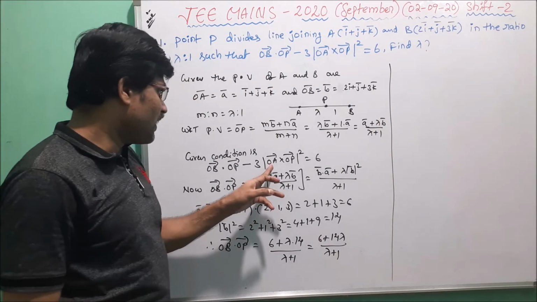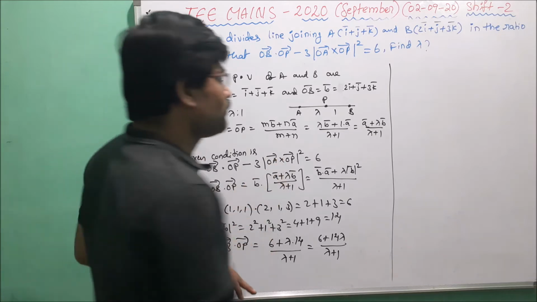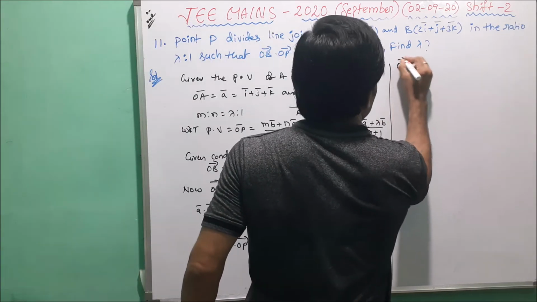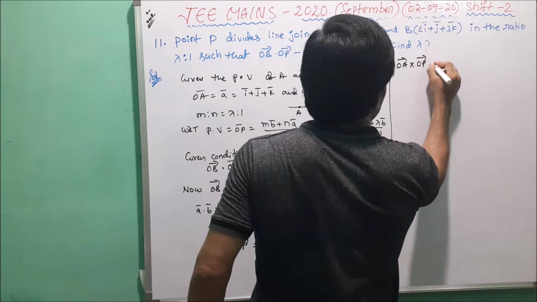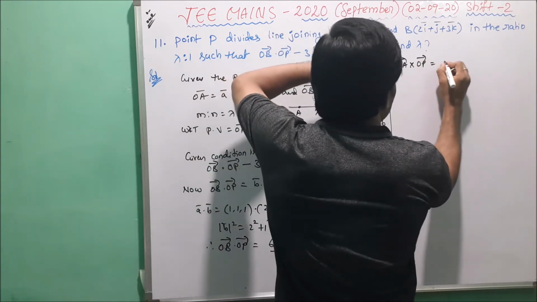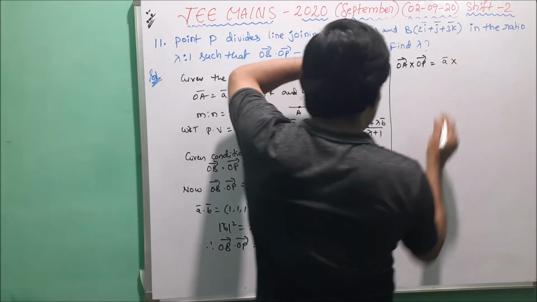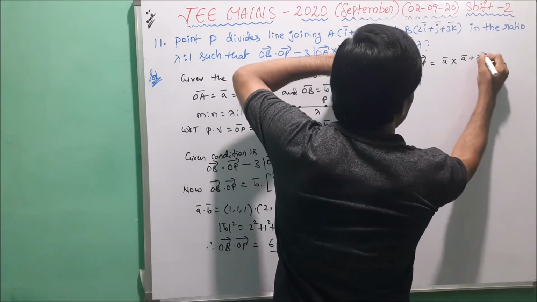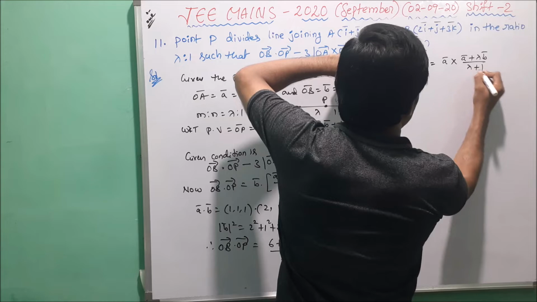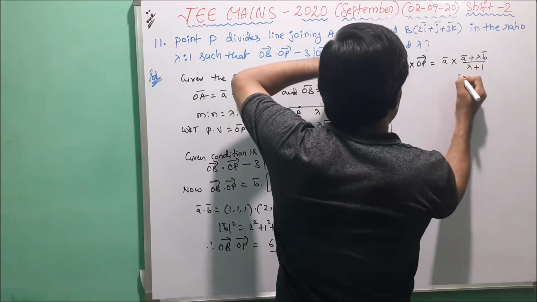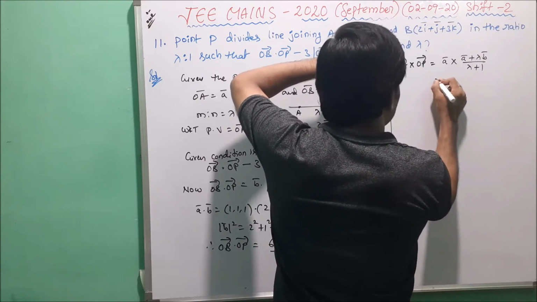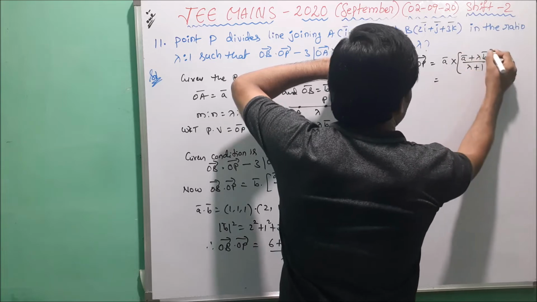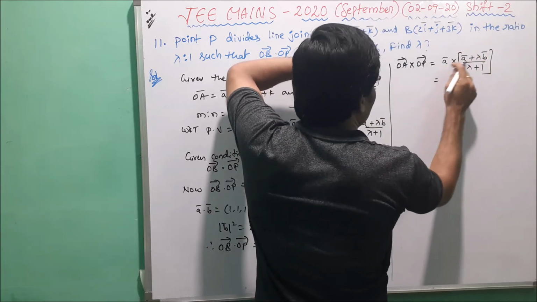In this, first we find OA bar cross OP bar. OA bar means A bar cross OP bar, already found, that value is A bar plus lambda B bar by lambda plus 1. Here we cross multiply with A bar.